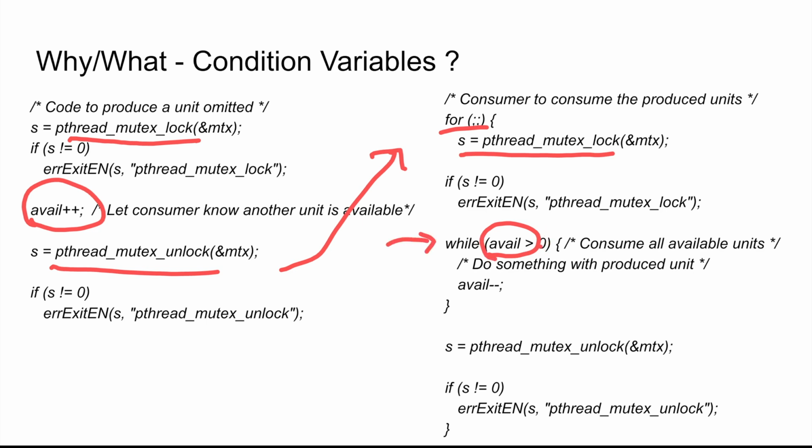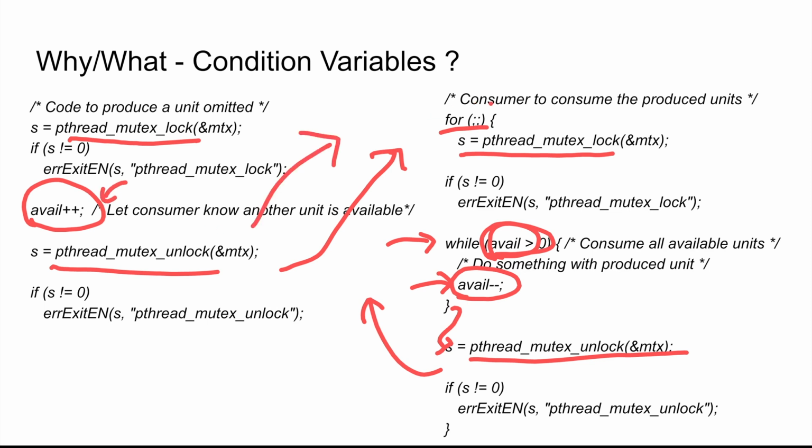Avail greater than 0 is the test condition for this loop. If there are available units, then all the units would be consumed until there are no more units, at which point the control will break off from this while loop and do a pthread mutex unlock. The producer can then acquire the lock and produce a unit which consumer would consume in the next context switch.